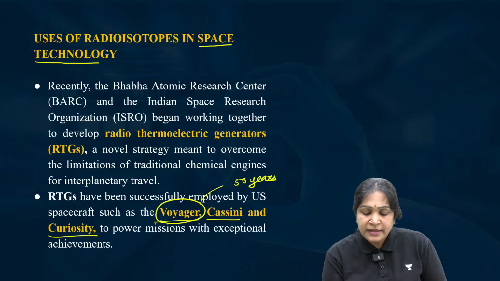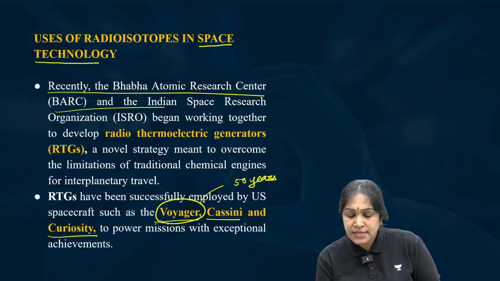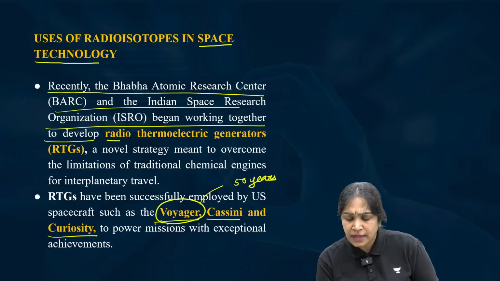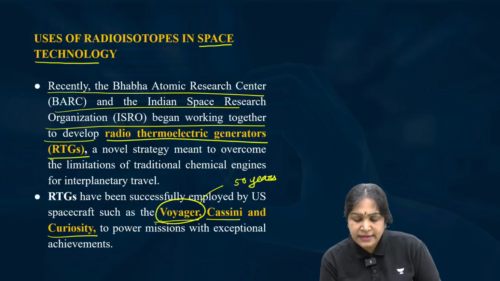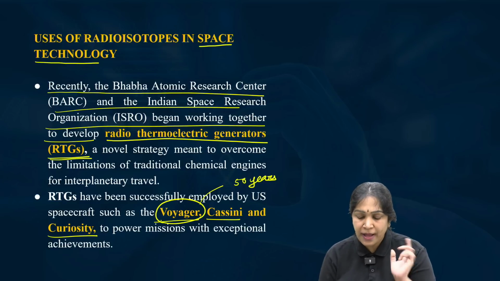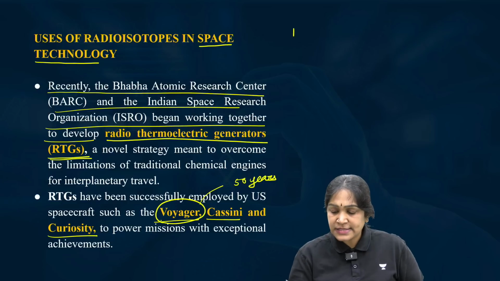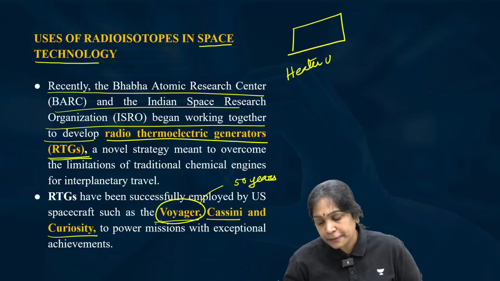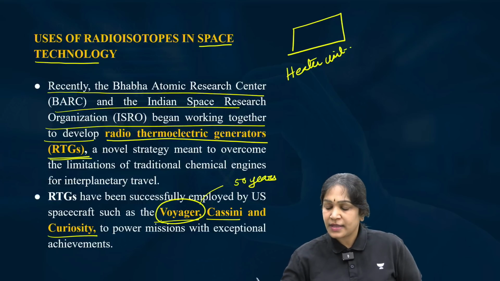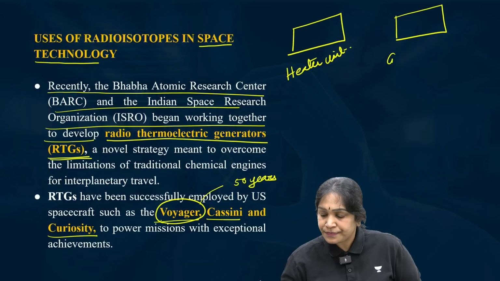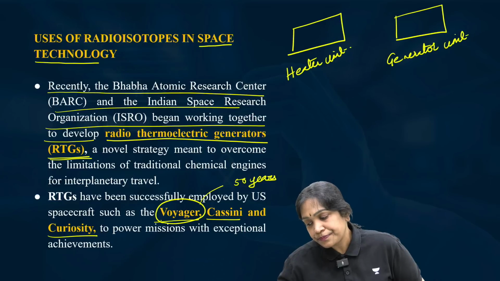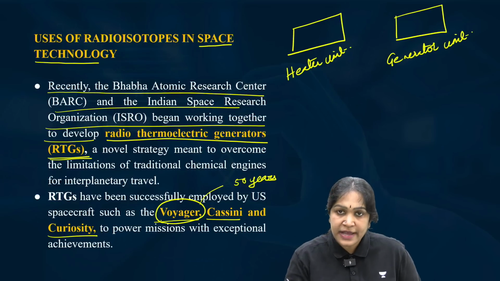Recently BARC and ISRO began working together to develop radiothermoelectric generators, RTG. It will have two parts. Listen to this carefully: one is the heater unit, and the second one is the generator unit. In the heater unit, what happens?